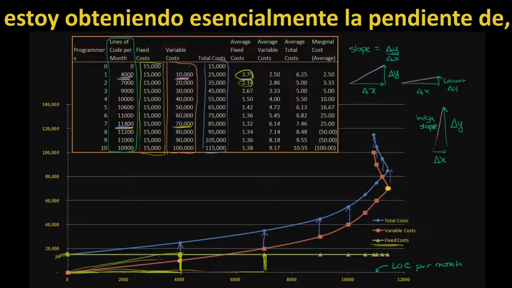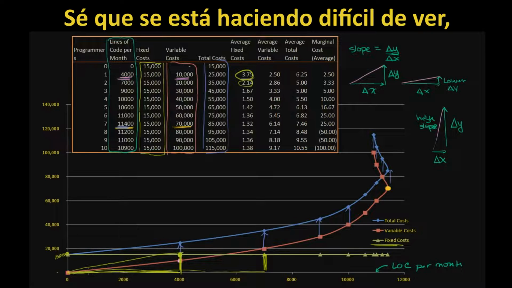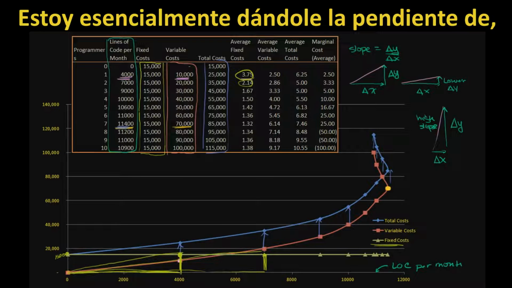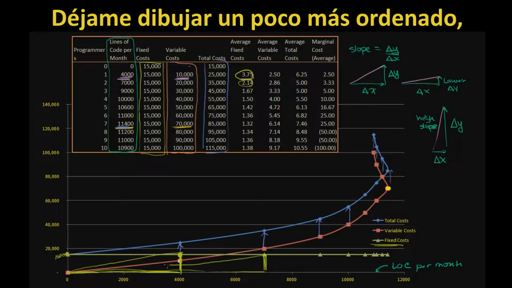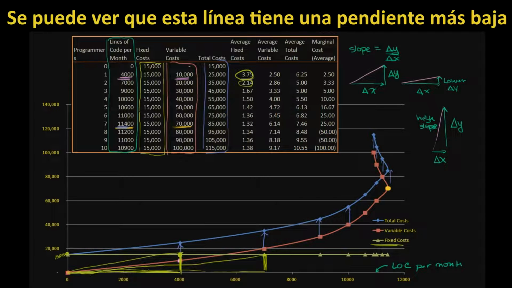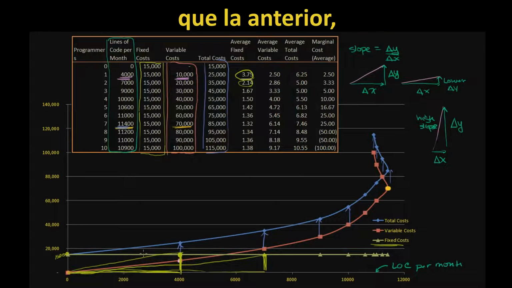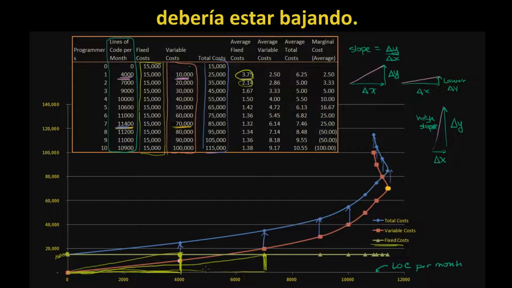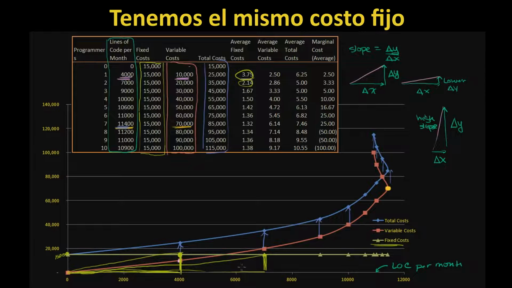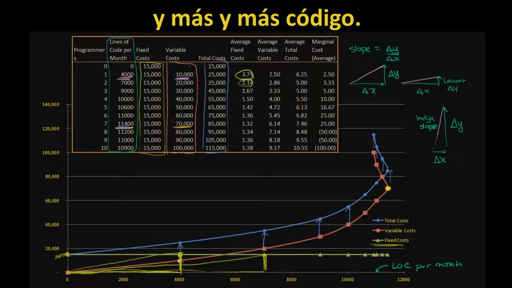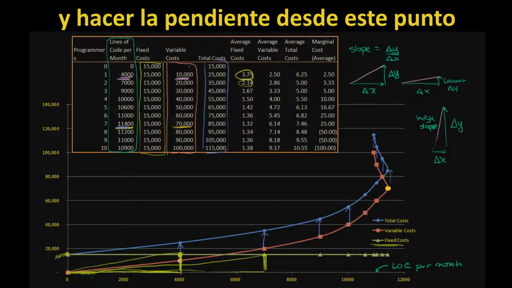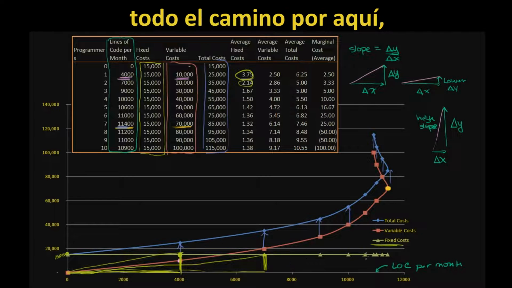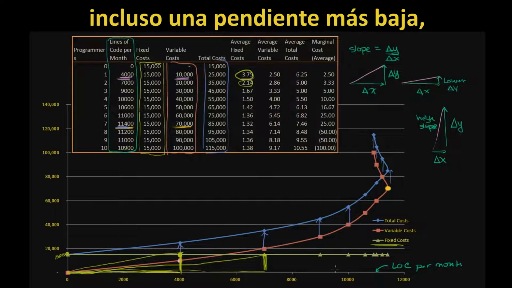I'm essentially getting the slope of, I know it's getting hard to see the way I'm doing it, let me draw it a little bit neater, this line right over here. And you can see this line has a lower slope than the previous one. And that makes sense because the average fixed cost per line of code should be going down. We have the same fixed cost, and we're dividing it amongst more and more code. And if you do the slope from this point all the way over here, it's going to have an even lower slope.